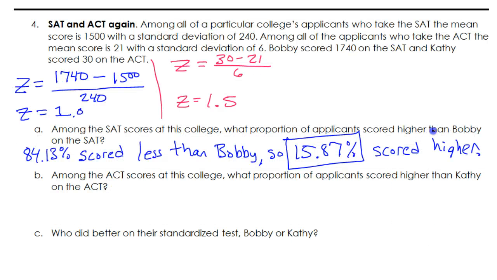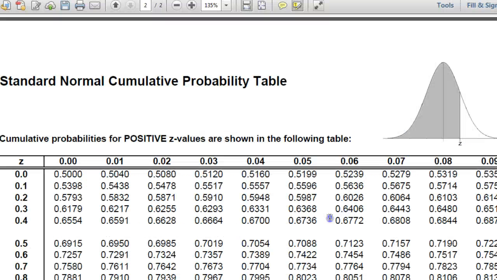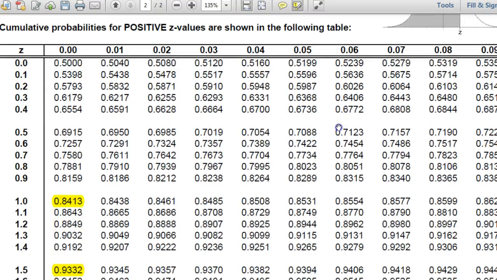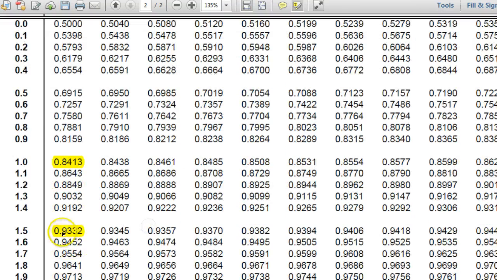So we have to be careful. If we want the percentage of applicants that score higher than Kathy, then we need to take this number and subtract it from 100.